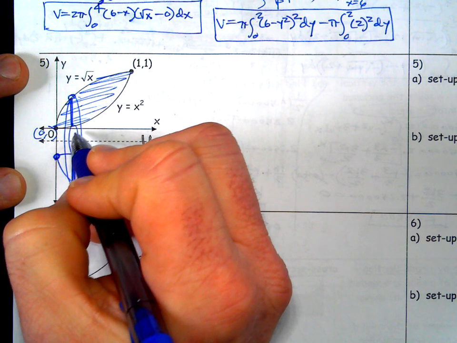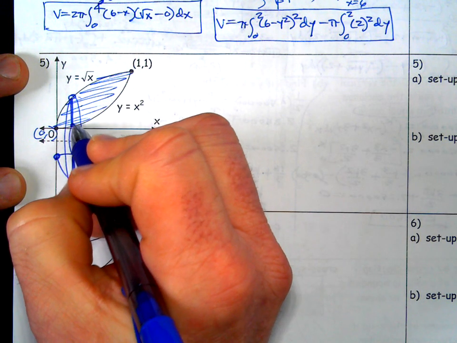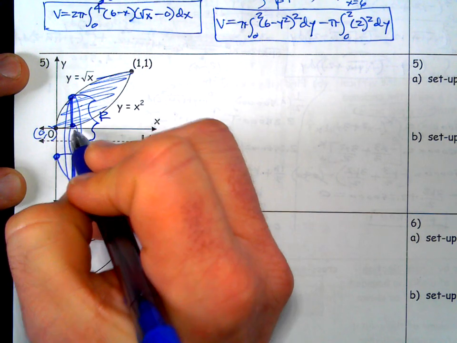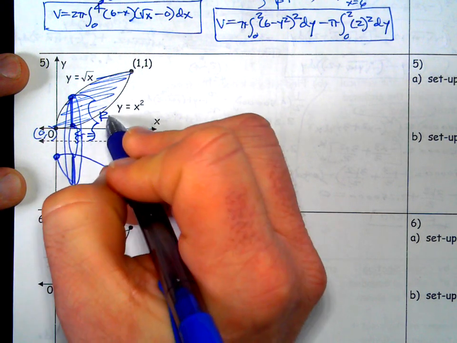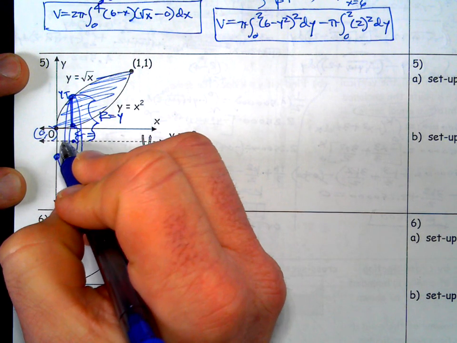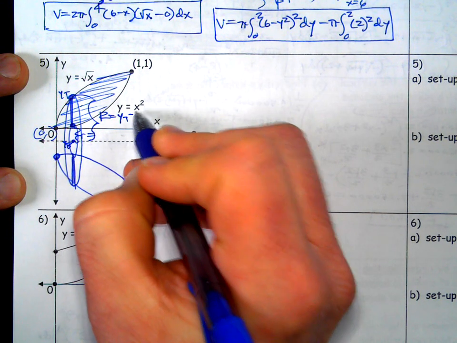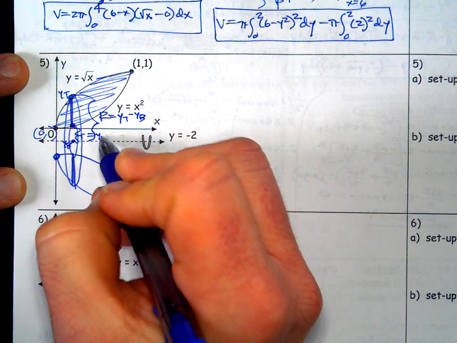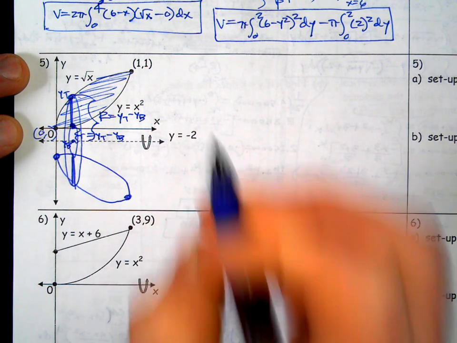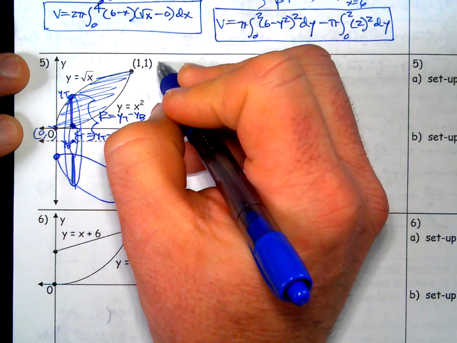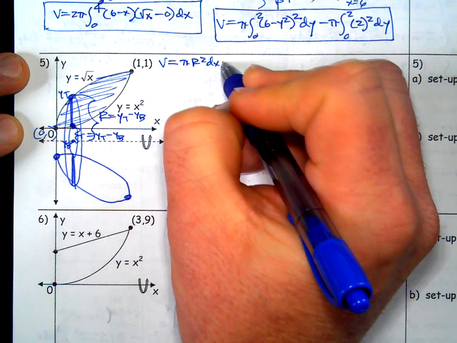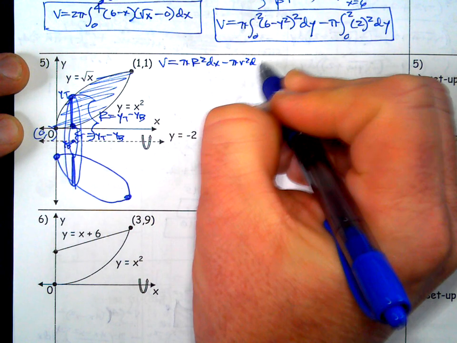So we have big R and we have little r. Now, big R is y top minus y bottom. And little r is also y top minus y bottom, but the y top is this bottom curve right here. And so the volume is going to be pi big R squared dx minus pi little r squared dx. And we're going to integrate them.